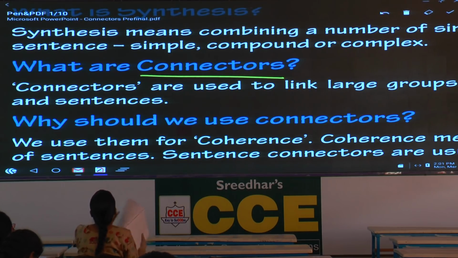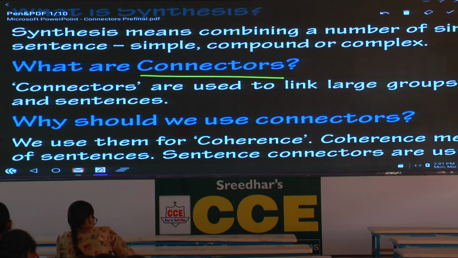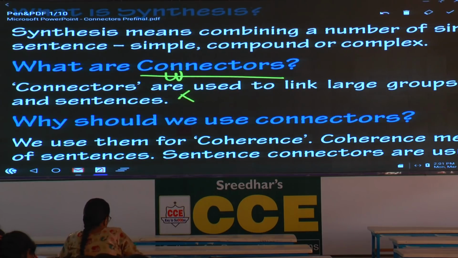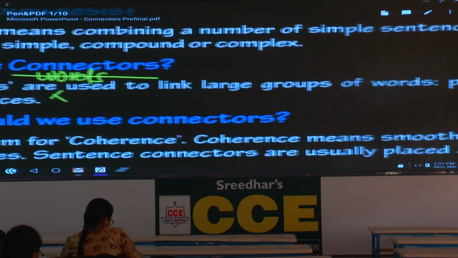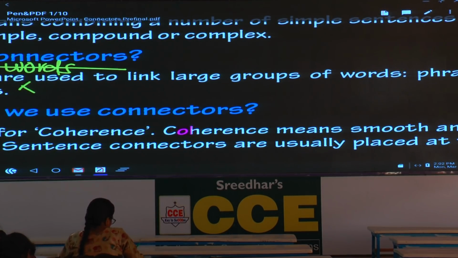What are connectors? Connectors are words used to link large groups of words.